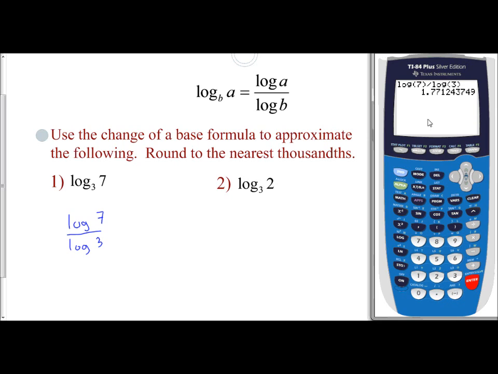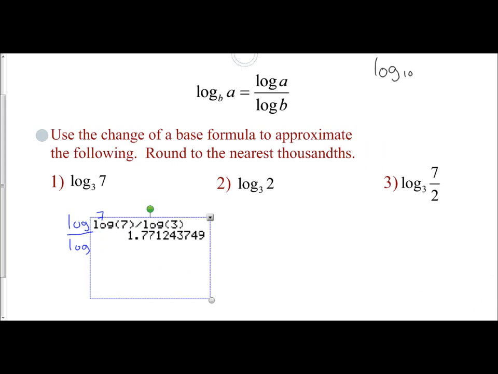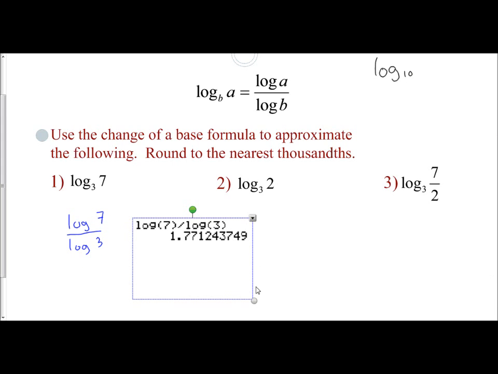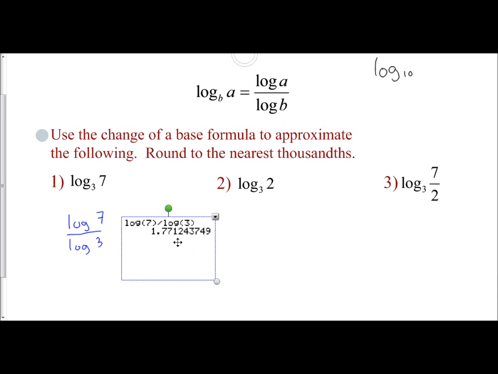Hit enter, and I'm asked to round my answer to the nearest thousandths, which means 3 places after the decimal. So I need to look at the fourth one. Since the fourth one's a 2, it does not change the third place. And so my answer is 1.771.